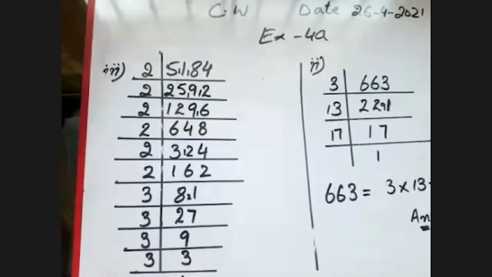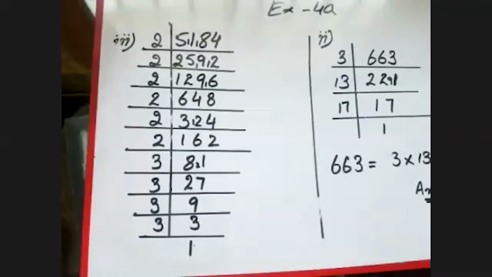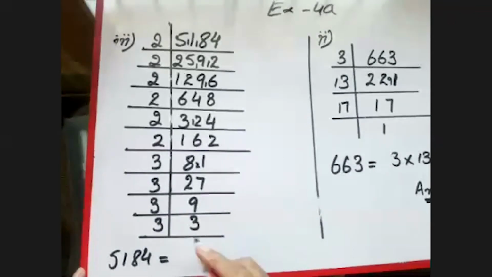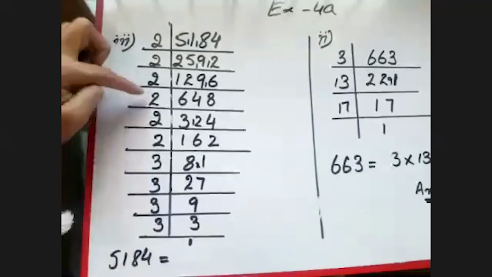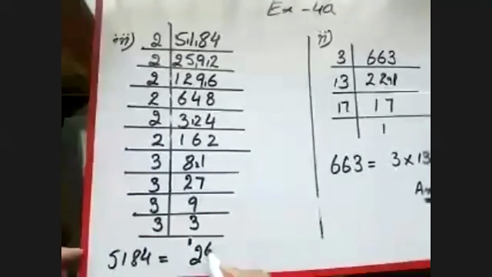Now the prime factors of 5184 are, so you can split up the given number. Count twos: 1, 2, 3, 4, 5, and 6. 2 raised to the power 6.